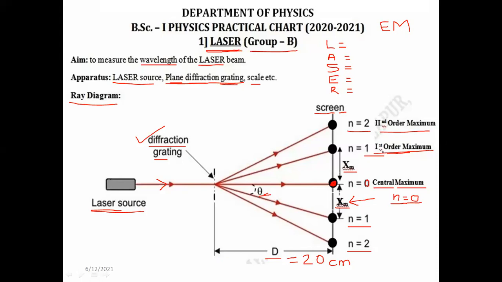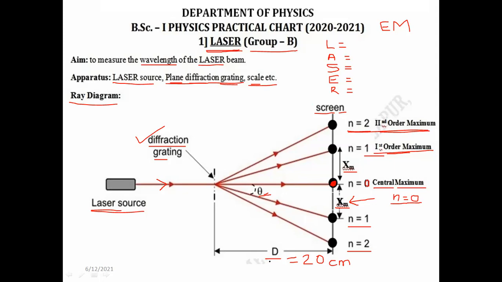So you have to find out the distance between the central maximum and the first order maximum. You can write that value in the first column, and after that in the second column you can write the distance between the central maximum and the second order maximum. This can be obtained with the help of the scale which is fixed on the screen.